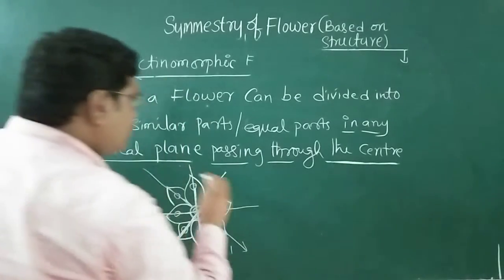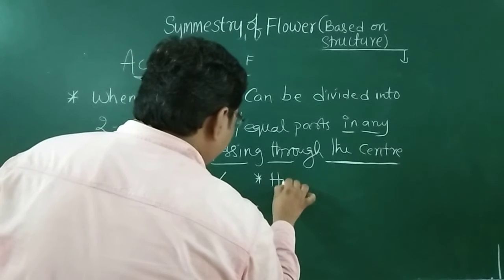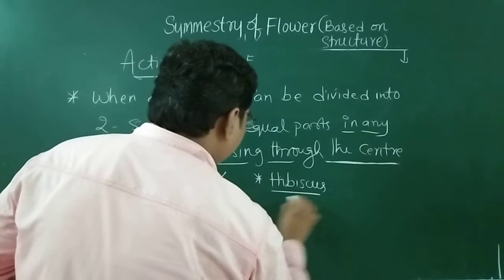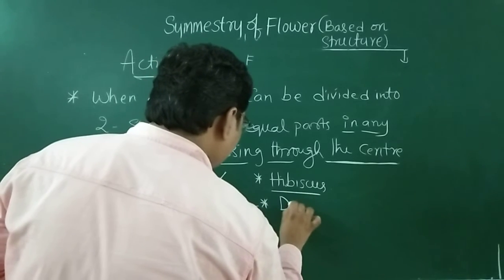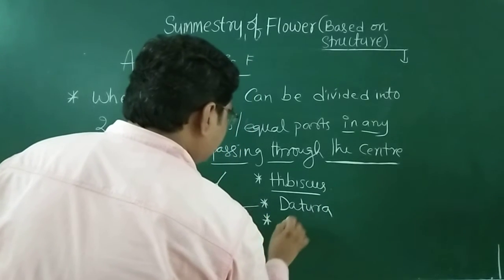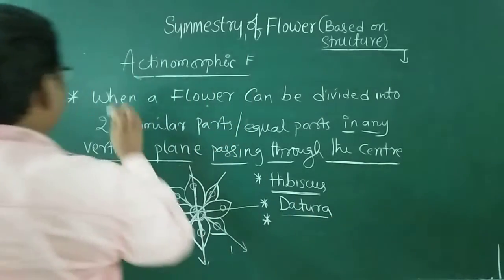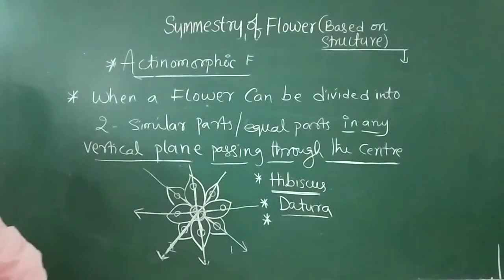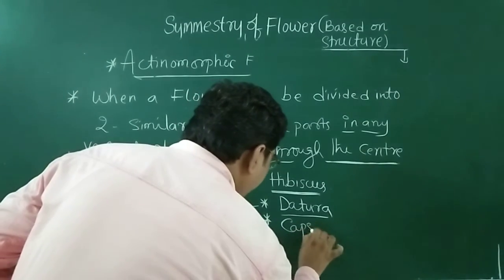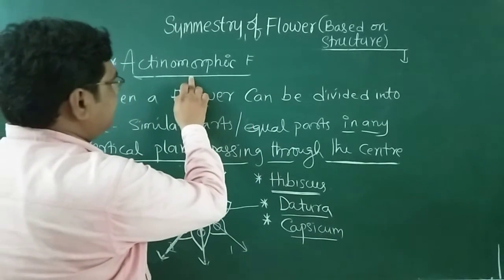Any vertical plane passing through the center divides the flower into two equal parts, that is called actinomorphic. What are examples of actinomorphic flowers? Hibiscus, datura, and capsicum.